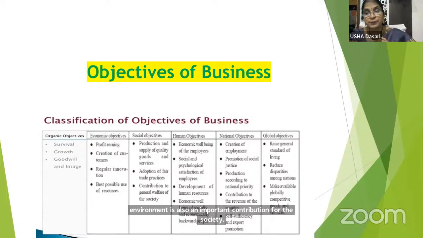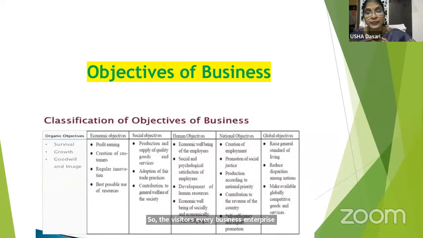Every business enterprise should take all reasonable steps to check and protect the environment. It must make proper arrangements for the disposal of effluents, smoke or waste, etc., in order to avoid the various types of pollution. Thus, social objectives play an important part in the society.